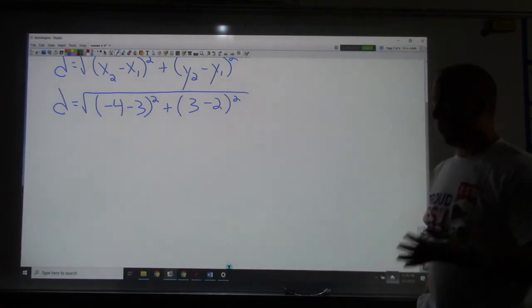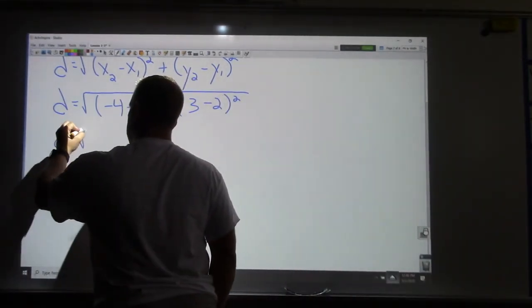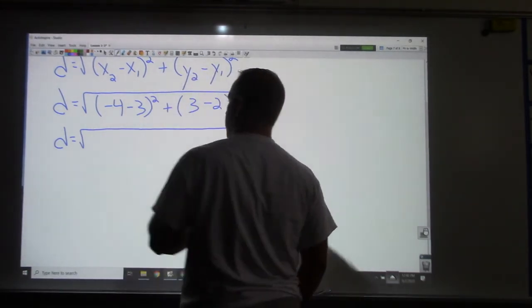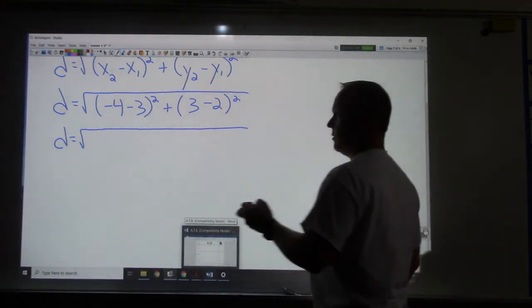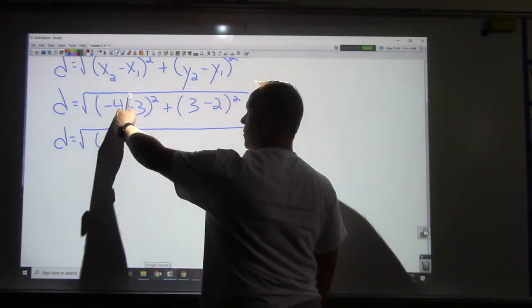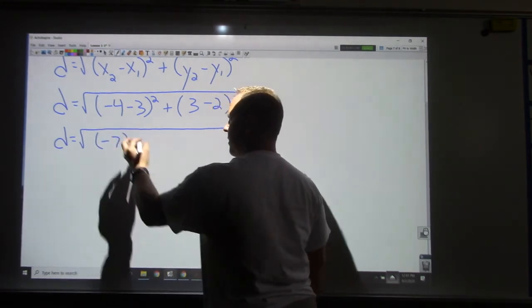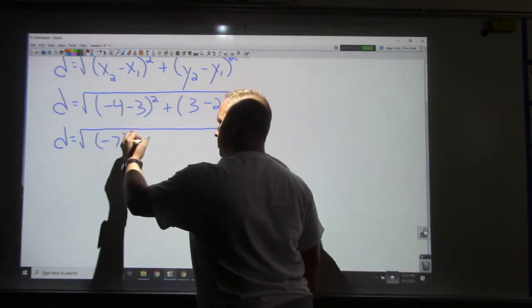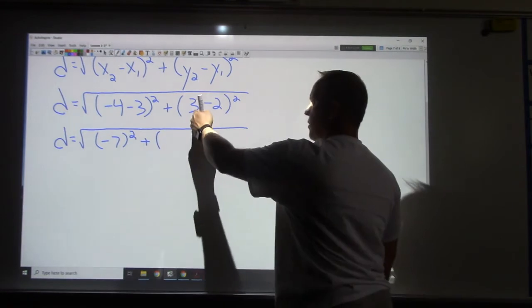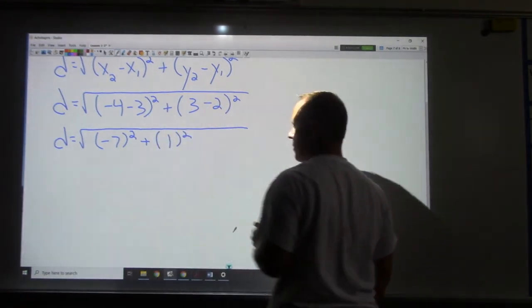Now, it's basic arithmetic. I'm going to show you every single step so nobody gets lost here. Watch your positive negatives. Negative 4 minus 3 is negative 7 squared plus, parentheses, 3 minus 2 is 1 squared.